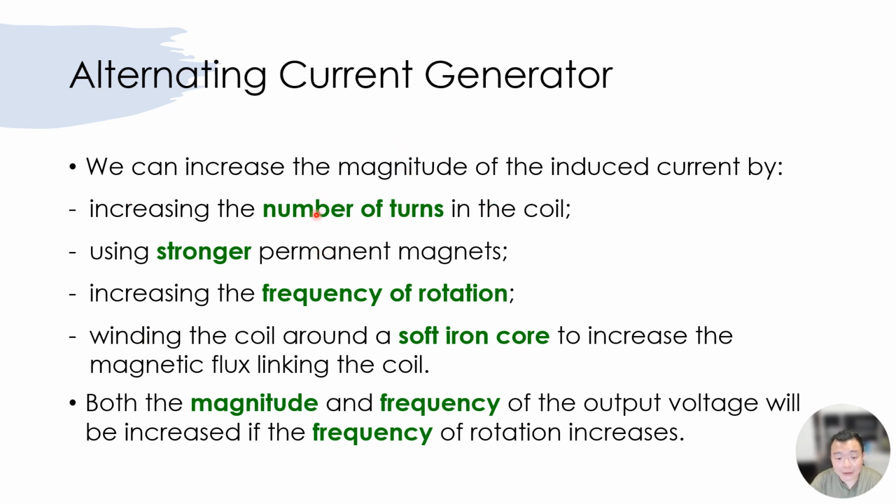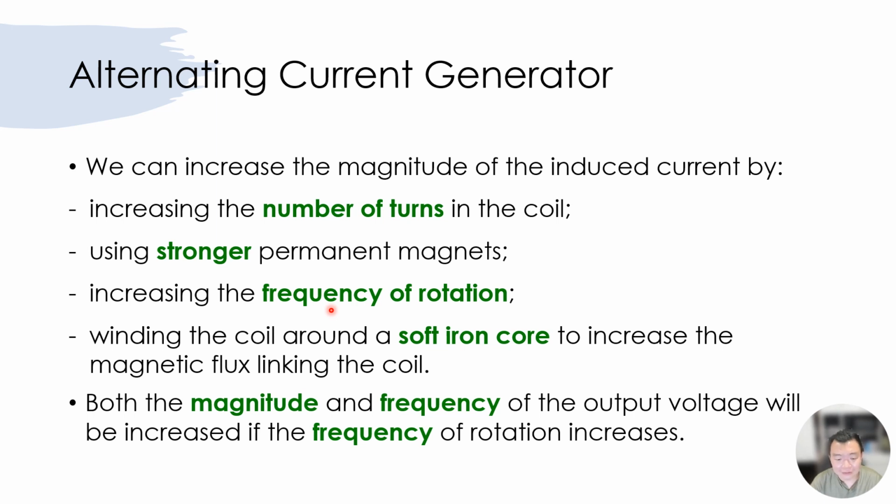We can increase it by increasing the number of turns of the coil, the length of the wire. In fact, if it's a straight wire, you might want to write this down: the length of the straight wire that cuts the magnetic field line affects the amount of induced EMF. Copy this down and write this down. Using stronger magnets, turning it faster.